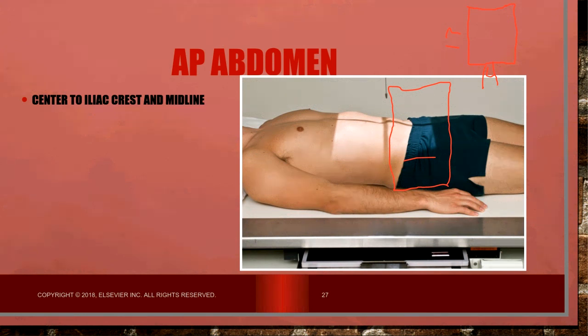When you go back in the room, you basically would want to place 2 fingers in the top of the light field. Okay, so imagine you place your 2 fingers in the top of the light field, and then you want to move the patient down so that your 2 fingers end up in the bottom of your second image receptor.